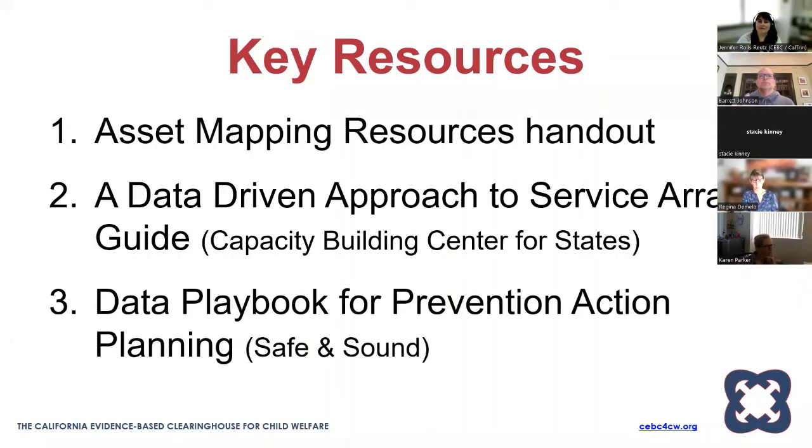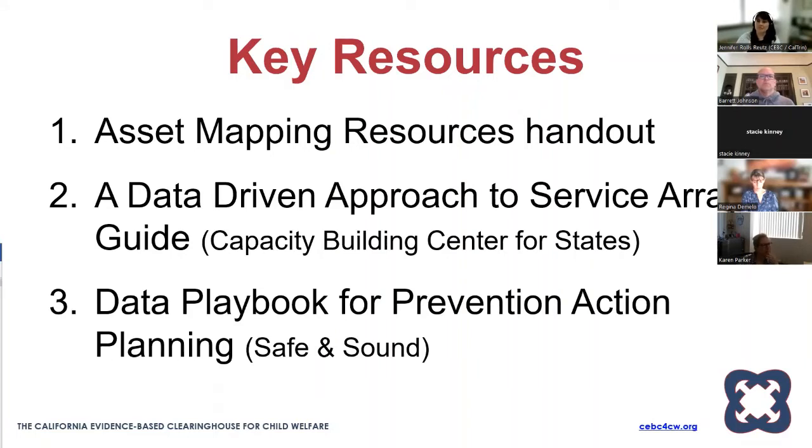So what we're going to focus on in this breakout are two really good resources that you can use. One is a guide from Chapin Hall, from the Capacity Building Center for States, which is specifically about a service array. It's got some really great instructions on how to go through, and we'll use that here as we're stepping through the process.